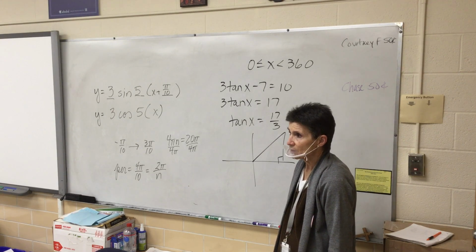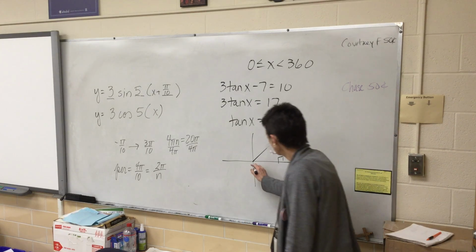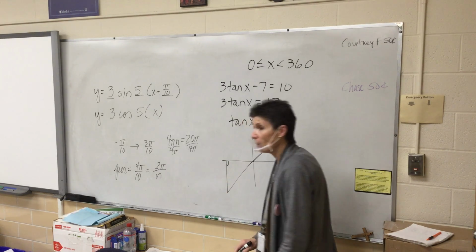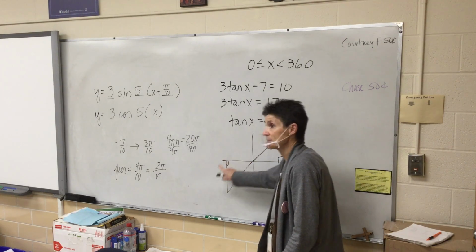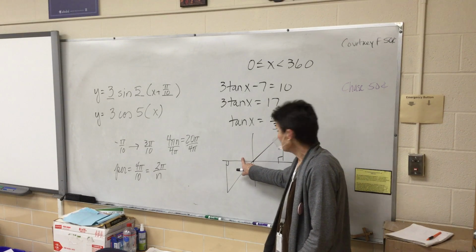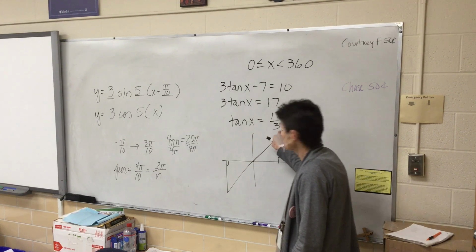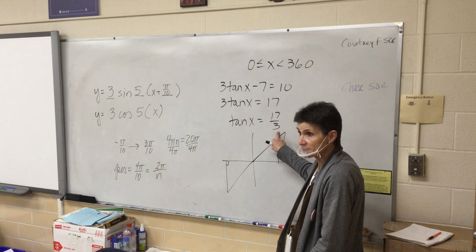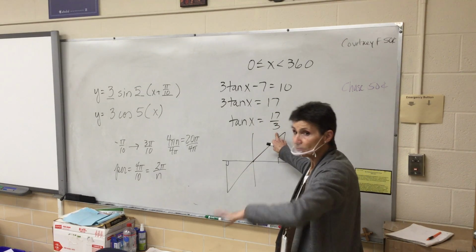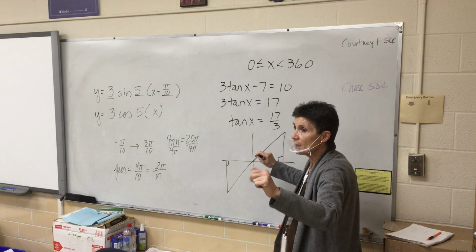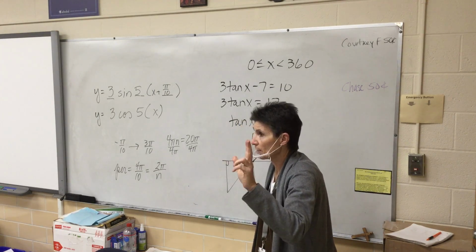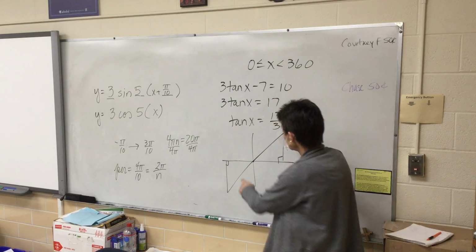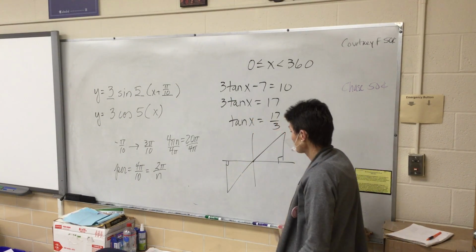Where else could the tangent be positive? Quadrant 3. And we know that because tangent is opposite over adjacent, y over x, and in quadrant 3, they're both negative, which would result in a positive number. All of your functions are positive in 2 places and negative in 2 places.